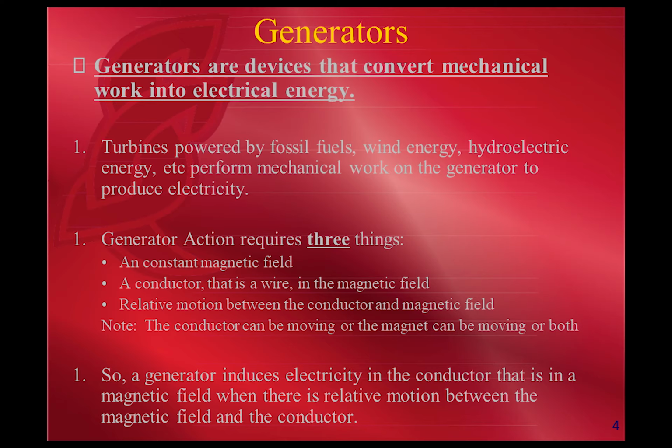In advanced physics we call that magnetic flux. So a generator creates electricity because work is done on either the magnet or the conductor. And this work that's done on it creates electricity in the wire, which is then used to charge a battery, like an alternator in your car, or power homes, like your hydroelectric power.